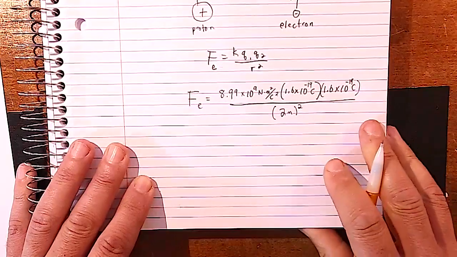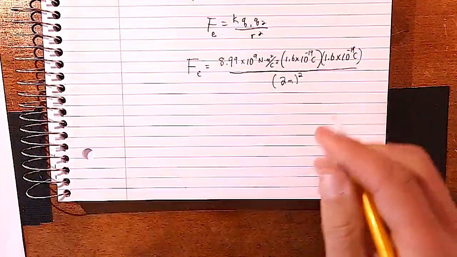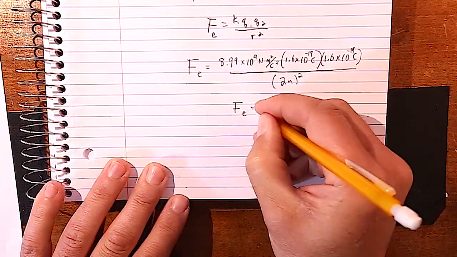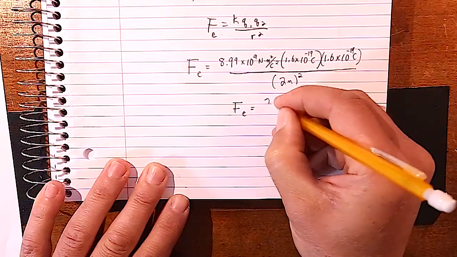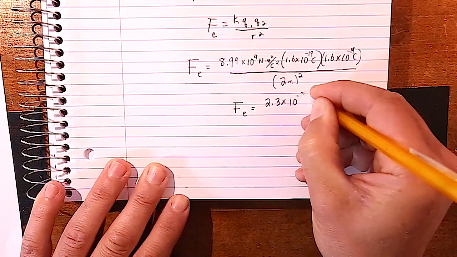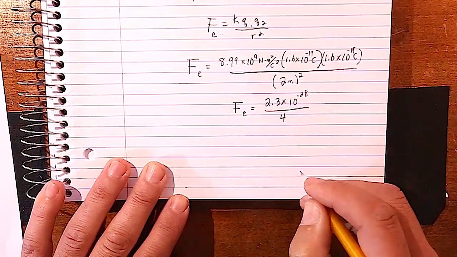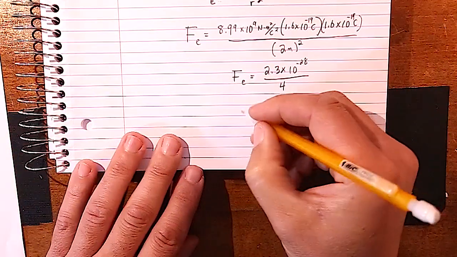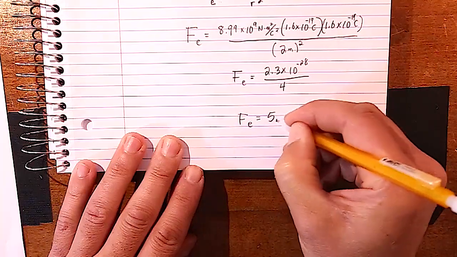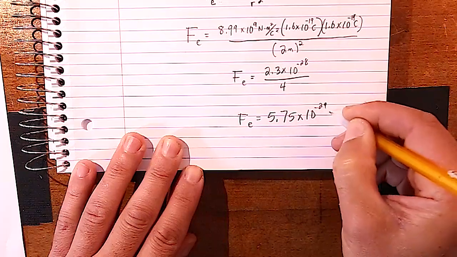And if you want to practice this, you can put this into your calculator. What I recommend to just play it safe for order of operations reasons is to multiply the top and do this as a separate 2-step problem divided by the bottom number squared. So that gives us a force, and that force comes out to 5.75 times 10 to the minus 29th newtons.